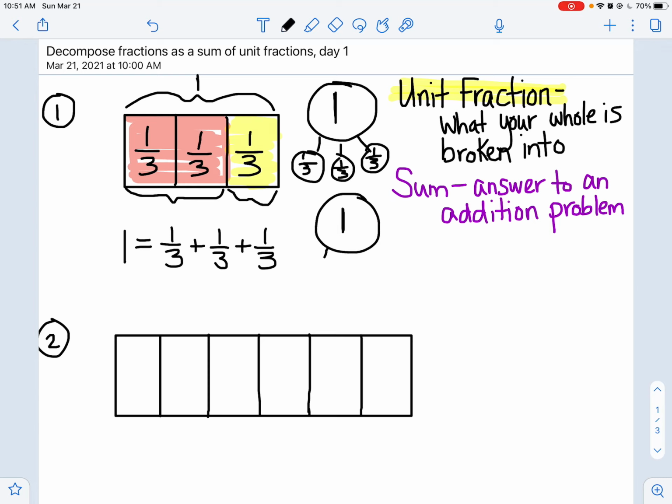I still have one whole, but what's represented by the red this time is now 2/3, and what's represented by the yellow is 1/3. So I could write it as one whole is equal to 2/3 plus 1/3. So I can break it up into different ways, and I can still get my sum of my one whole.